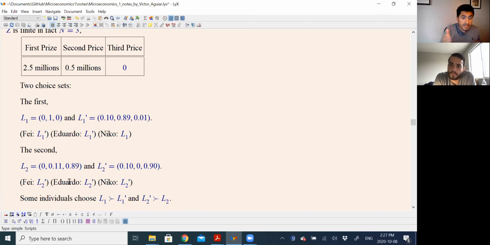So imagine you are studying how people choose among lotteries that are very close to each other, so not extreme events. Therefore, expected utility cannot be that bad because you can always approximate linearly, locally. So that's the justification of why this model still is used. But remember, if you use this model, it has to be local in the sense that the probabilities you are using are not too far away.